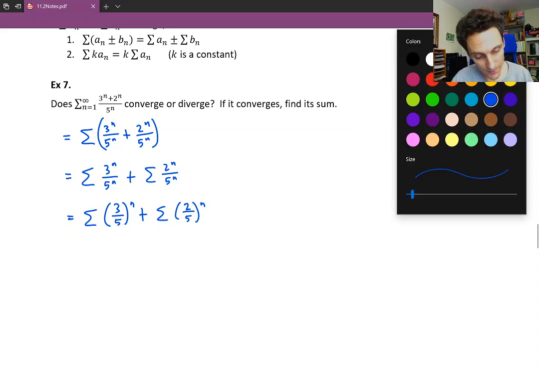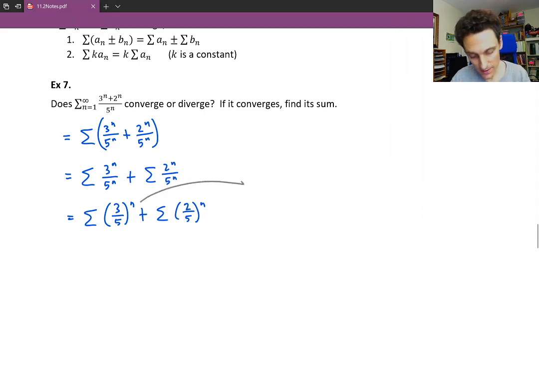If you wrote out the terms of the first, it would look like this. Remember that the default is n starts at 1. So when n equals 1, you get 3/5. When n equals 2, you get 3/5 squared, which is 9/25. When n equals 3, you've got 27 over 125. Every single time n increases by 1, you're multiplying by another 3/5.